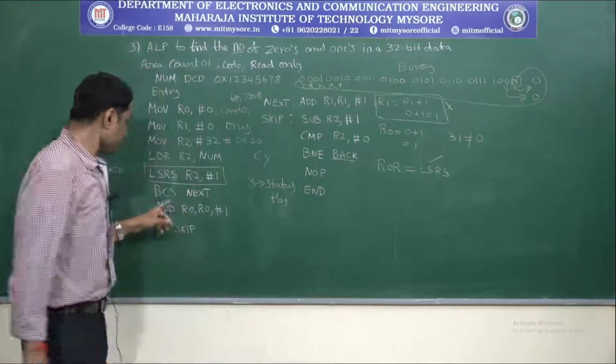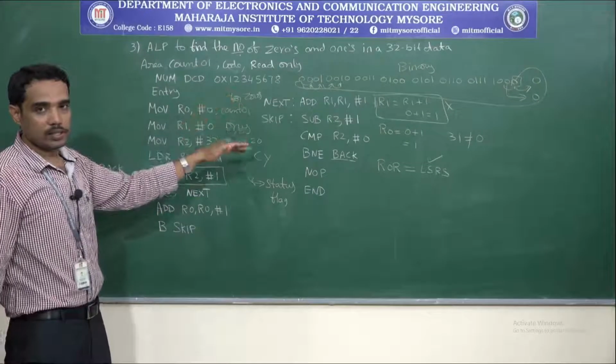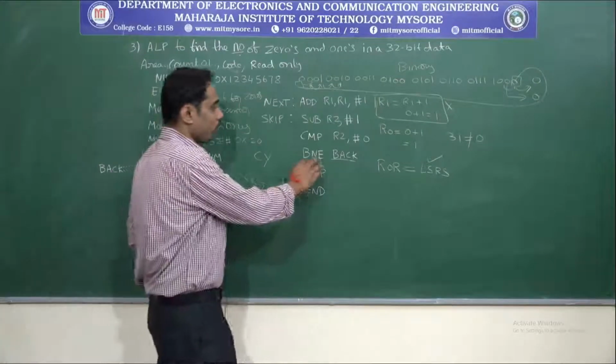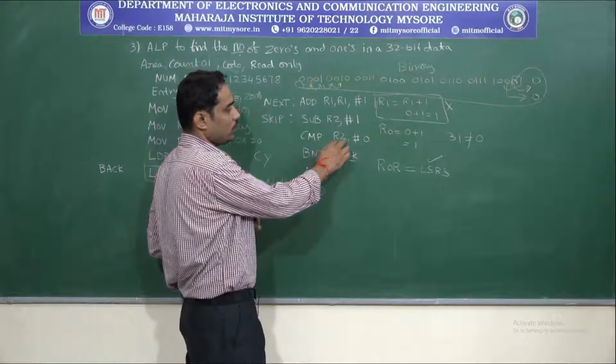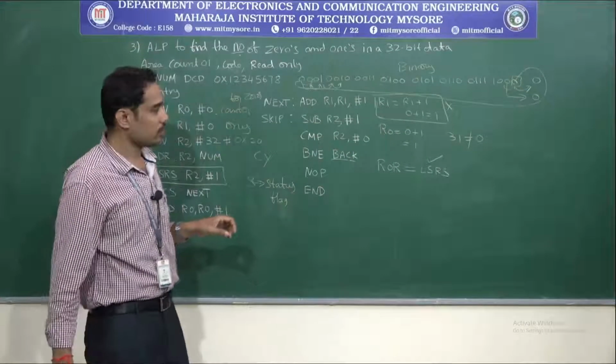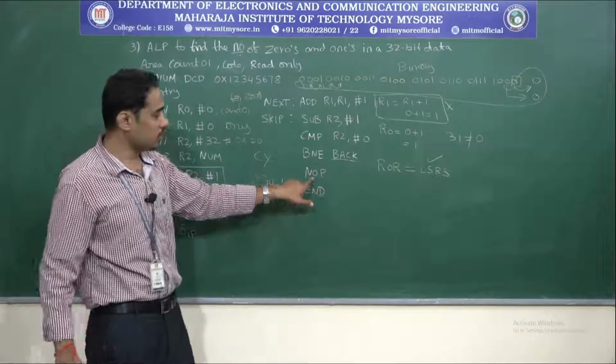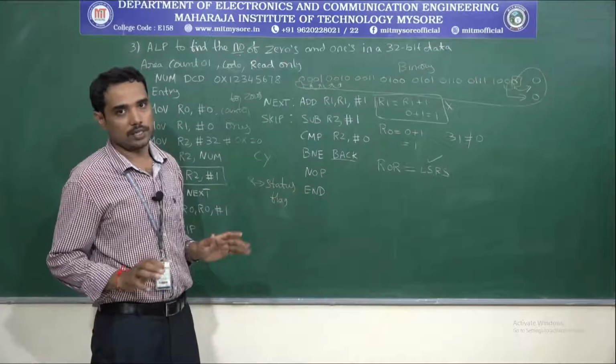Like this, all the 32-bit data is checked, and once R2 is equal to 0 after the subtraction, it comes out of the loop, performs no operation, and the program ends.